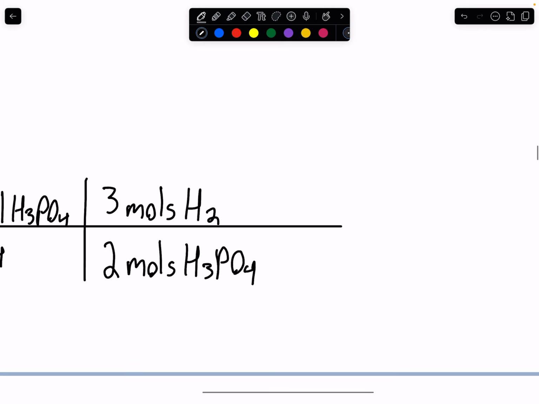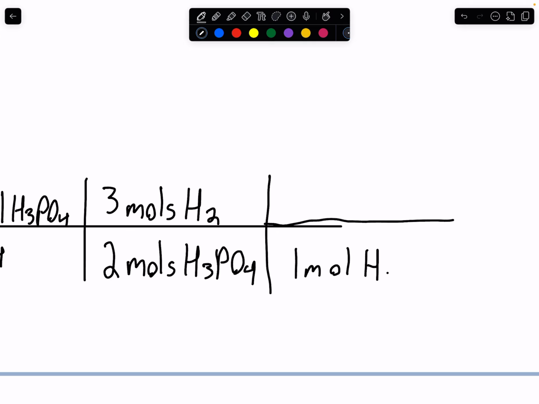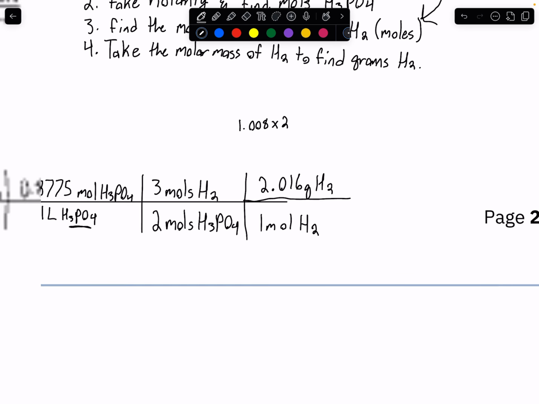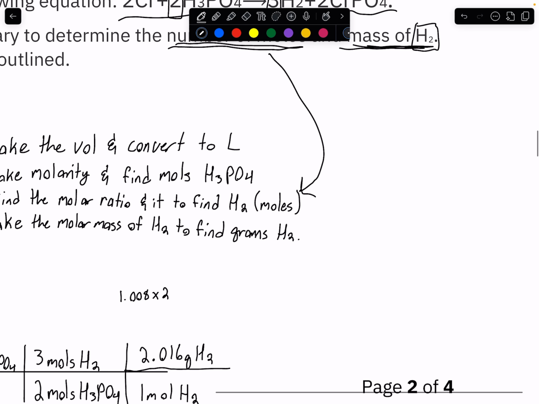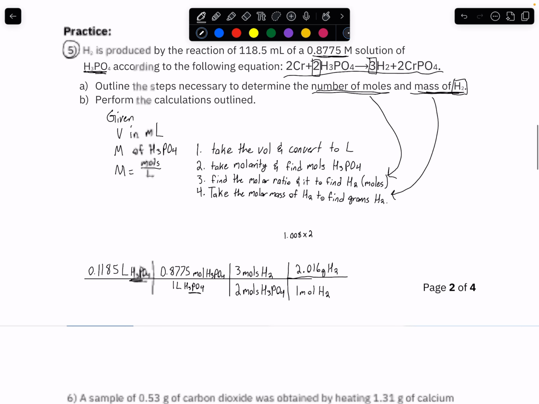So from that, we know that in 1 mole of H2, and H by itself is 1.008, so we know it's going to be 2.016 grams of H2, because we multiply that by 2. And that's how we're going to find our grams. Our mass, which is usually in grams.